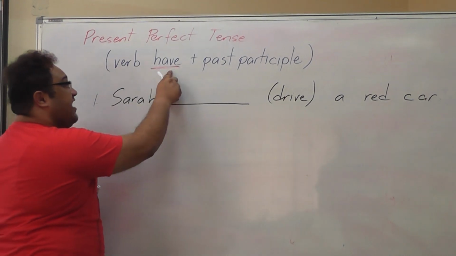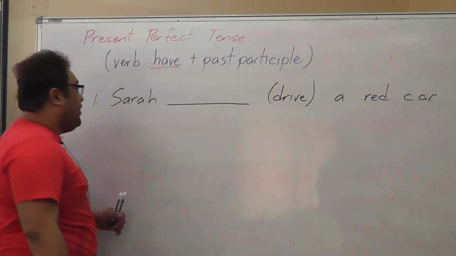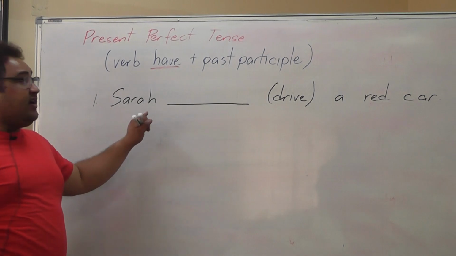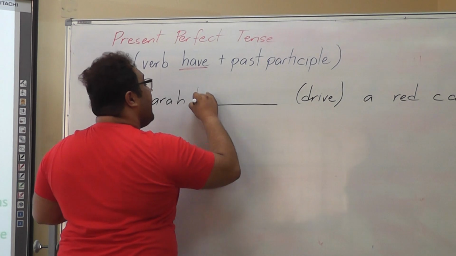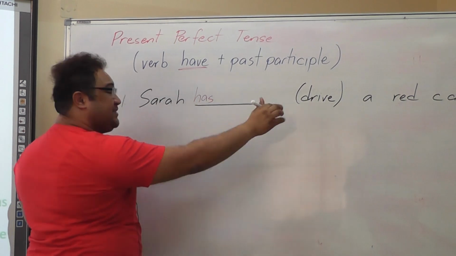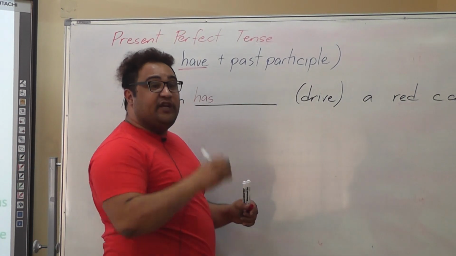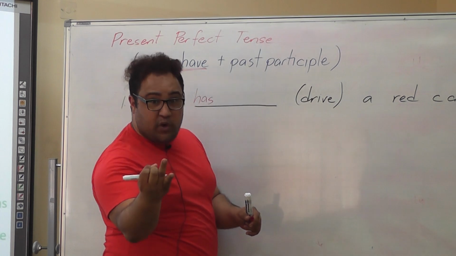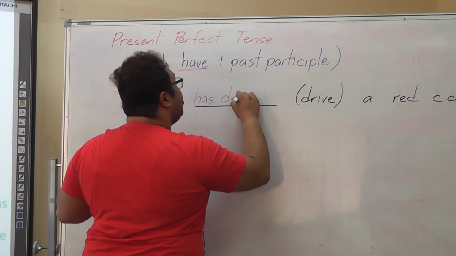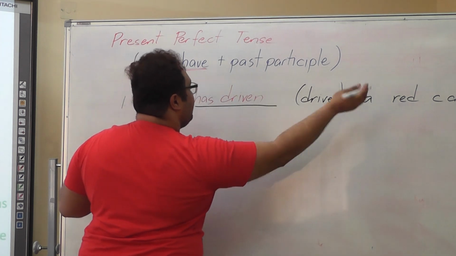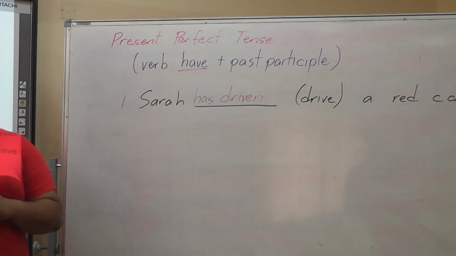Again, verb have plus past participle. So Sarah is singular, so we use has. So Sarah has, what is the past participle of drive? Drive, drove, driven. So Sarah has driven a red car.